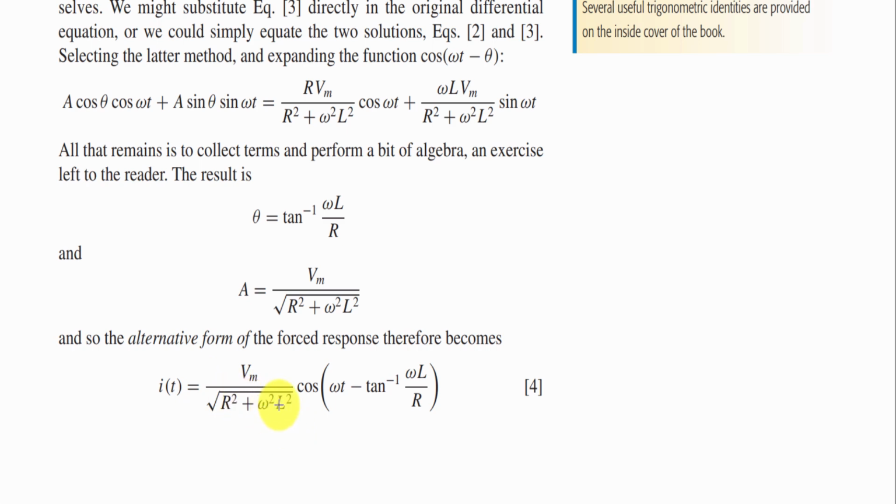We cannot use the word impedance in time domain, but that is the behind the scenes story: whenever we are performing frequency domain analysis, similar things are happening in time domain, but with different values, giving a phase shift to the cosine function. Here, since we are doing time domain analysis, we are writing R square and omega square L square. L is given in henries, omega in radians, and R in ohms, and we are providing a phase shift to this cosine function.